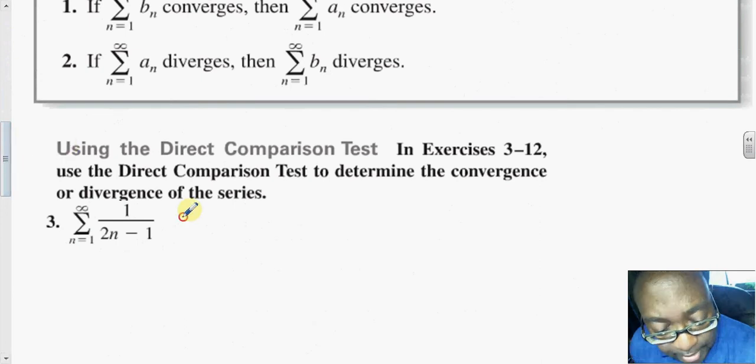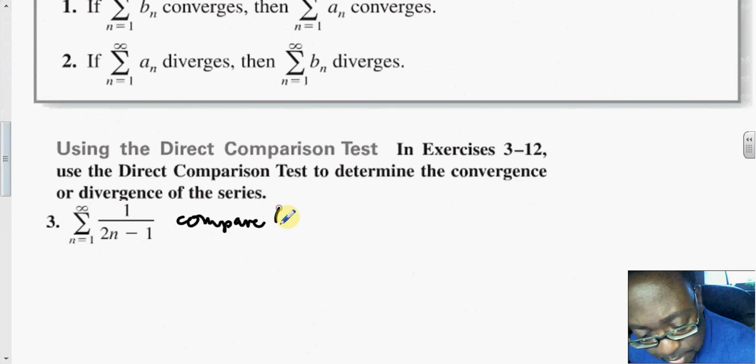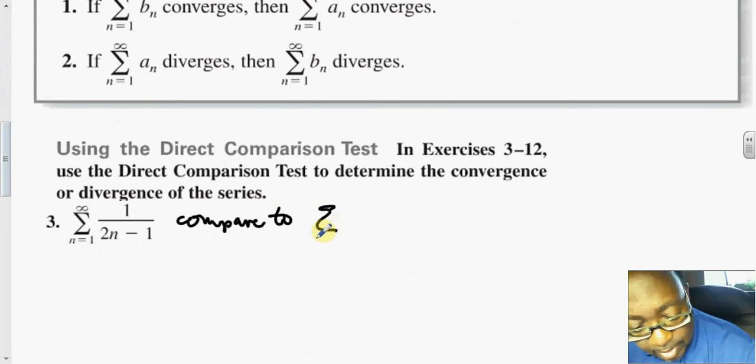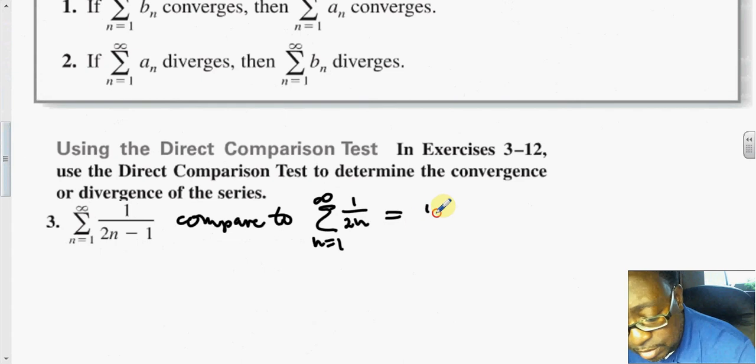So we're going to compare this to the summation as n goes from 1 to infinity of 1 over 2n. And if you think about it, this is the same thing as 1 over 2 times the summation as n goes from 1 to infinity of 1 over n.